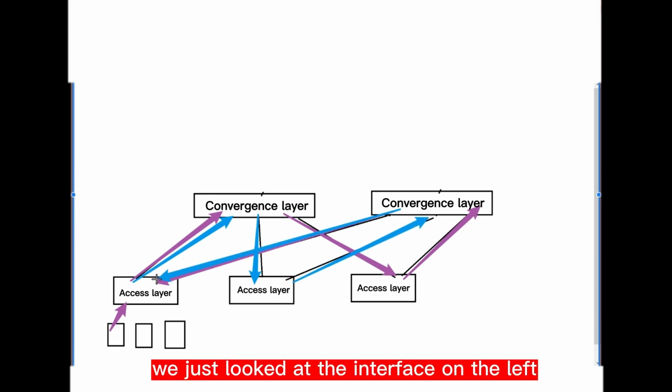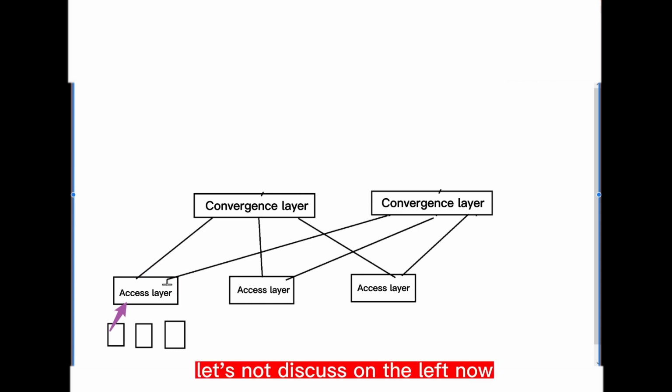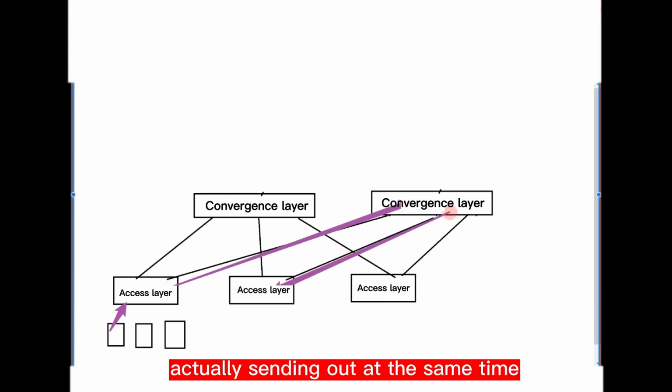We just looked at the interface on the left. Actually there are others, still from here, still can come back. No matter how you go, you will come back. Don't look like it's covered, but they are not the same. Let's not discuss the left now, because the right side is actually sending out at the same time.